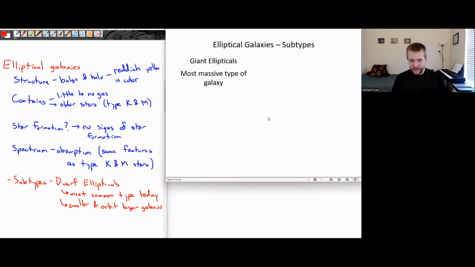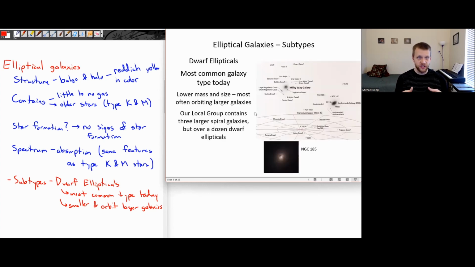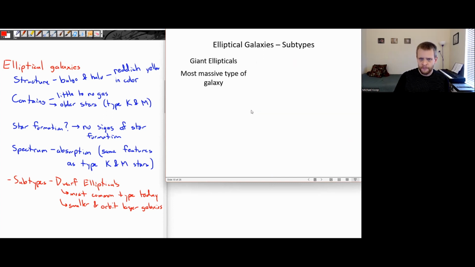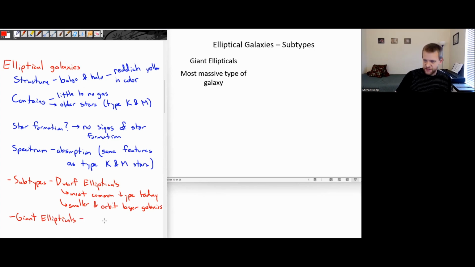So again, these dwarf elliptical galaxies are smaller, but they're much more common than some of the larger galaxies. We also have giant elliptical galaxies, and these are the most massive type of galaxy.